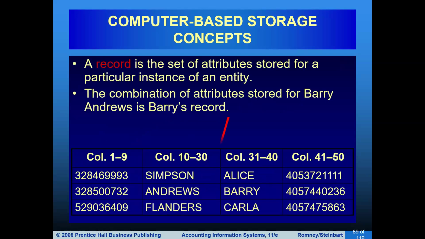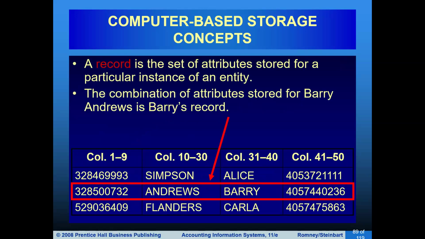Record is a row. Write it down: column is a field, record is a row. Row is a record. Any particular information about the person: his phone number, his surname, his first name, his address, or maybe some ID number.